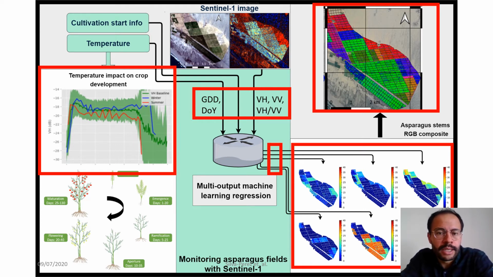So we needed to provide 5 separate estimations, each one of them predicting the number of stems in each phenological stage. And therefore, we used a multiple output random forest regression for this task.